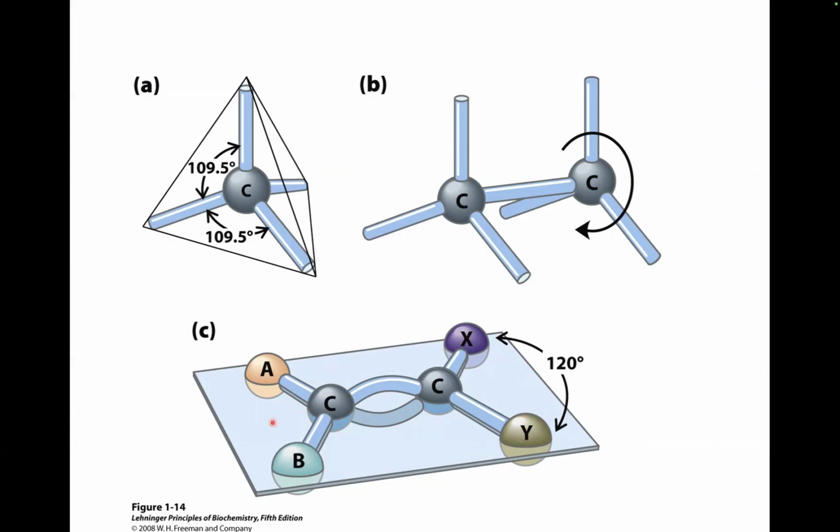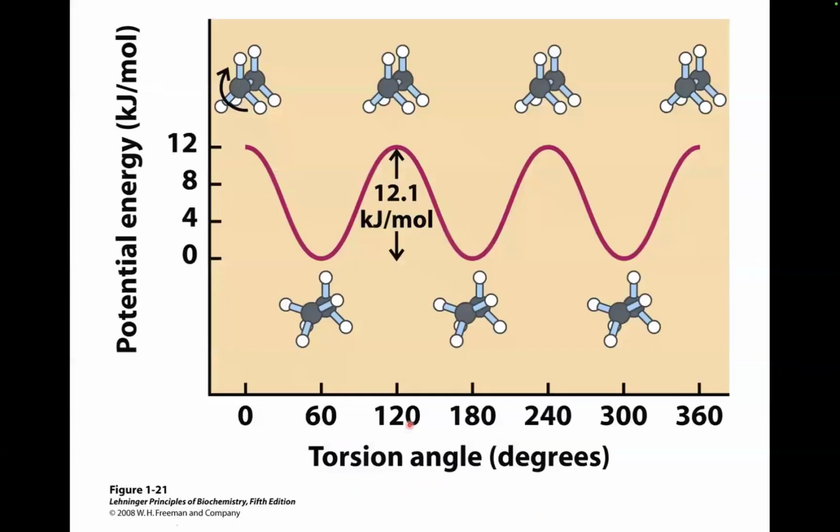So these are isomers of each other, right? Same formula, but yet because of the orientation of these four different functional groups, you have two different outcomes, a cis and a trans outcome. Y'all should remember that from organic chemistry.